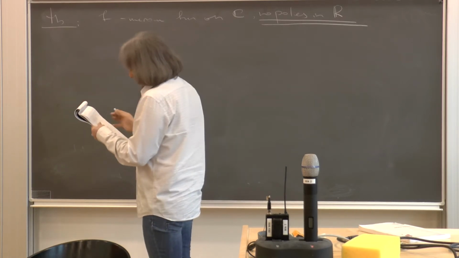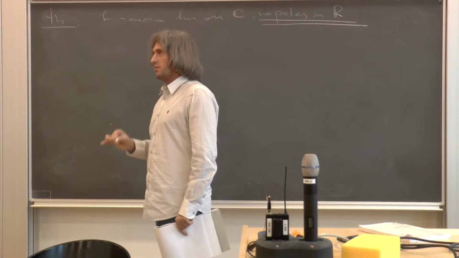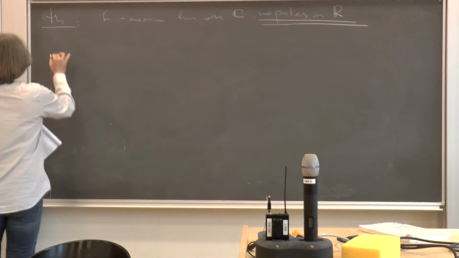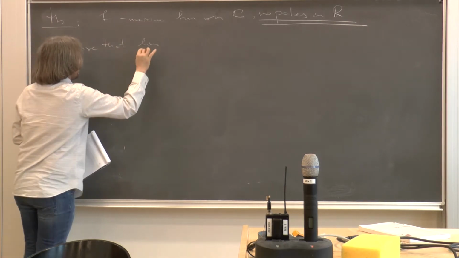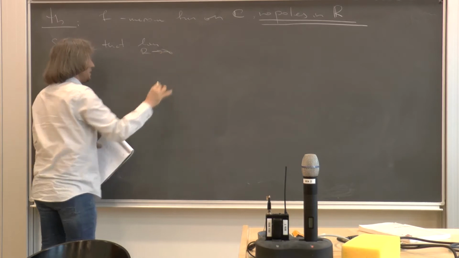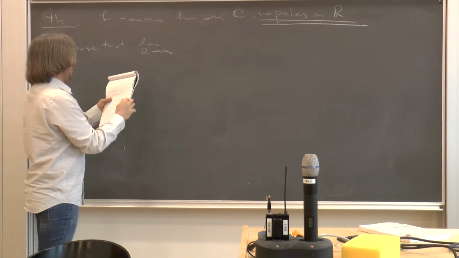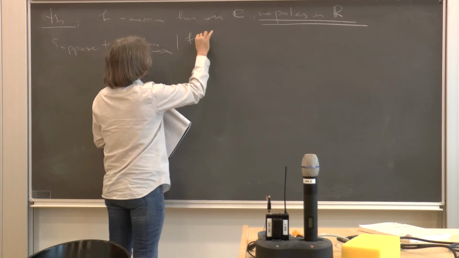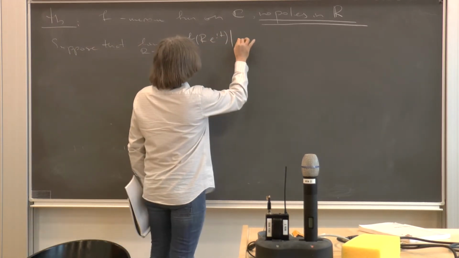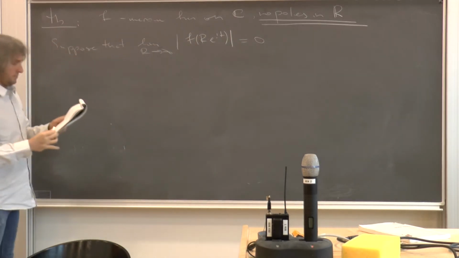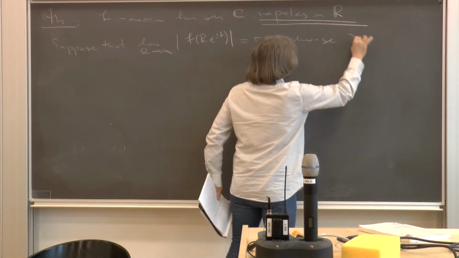So suppose that indeed, we plan to complete the interval by a half circle again. So suppose the limit for r going to infinity of f of r is small, and suppose that we choose lambda greater than 0.